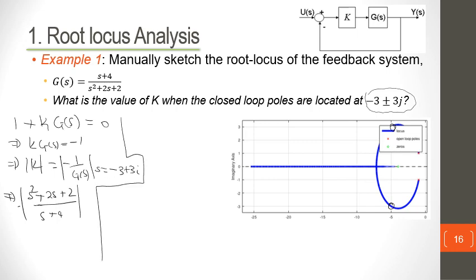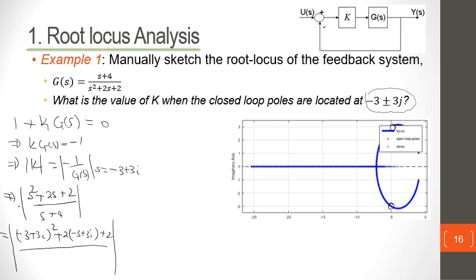So we can substitute that. We will have (-3 plus 3i) squared plus 2 times (-3 plus 3i) plus 2, all over s, which is -3 plus 3i plus 4.